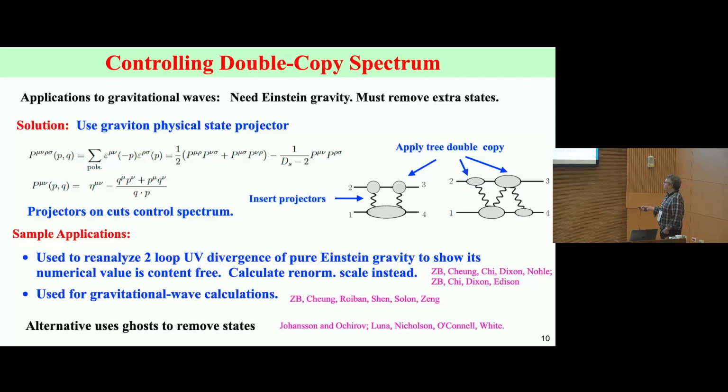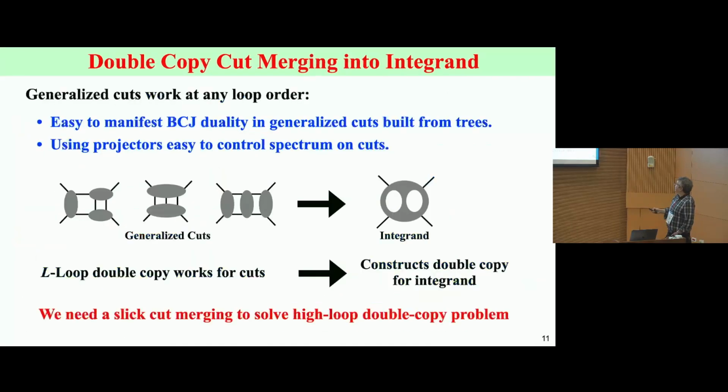It's also, of course, the gravitational waves. There's other alternatives you can do. You can use ghosts to remove states you don't like. Okay. So what do we learn? Generalized cuts, you can do that at any loop order.